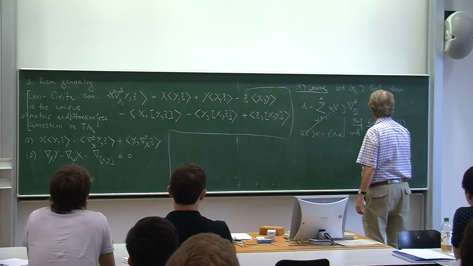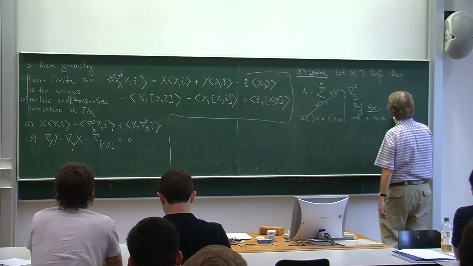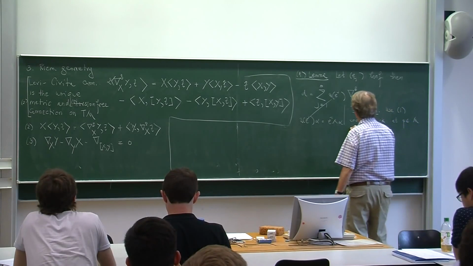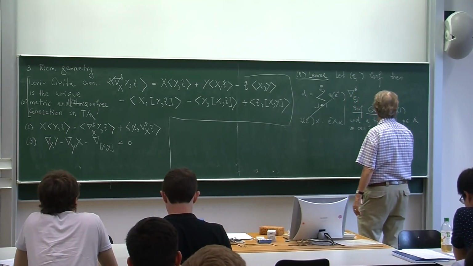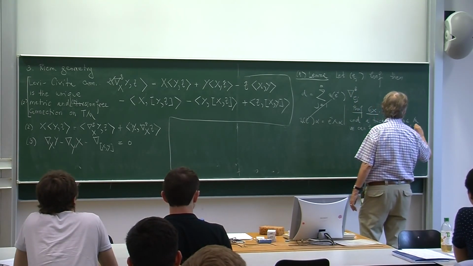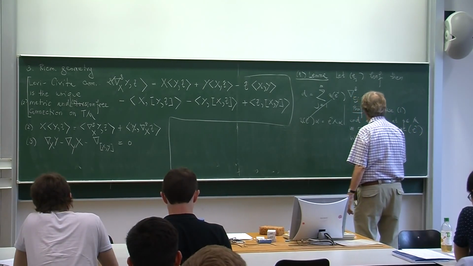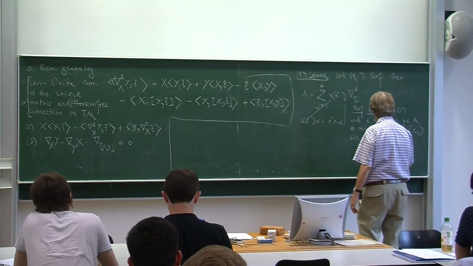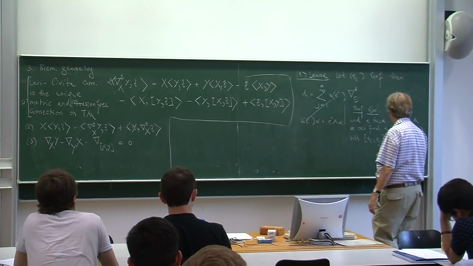So this is something for our exercises. At any point p in M, we can find a frame e_i with nabla e_j at p equals 0.